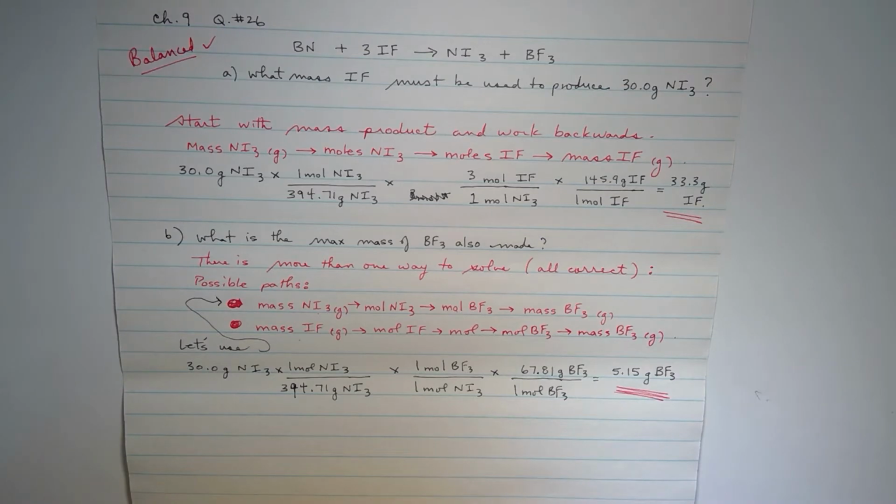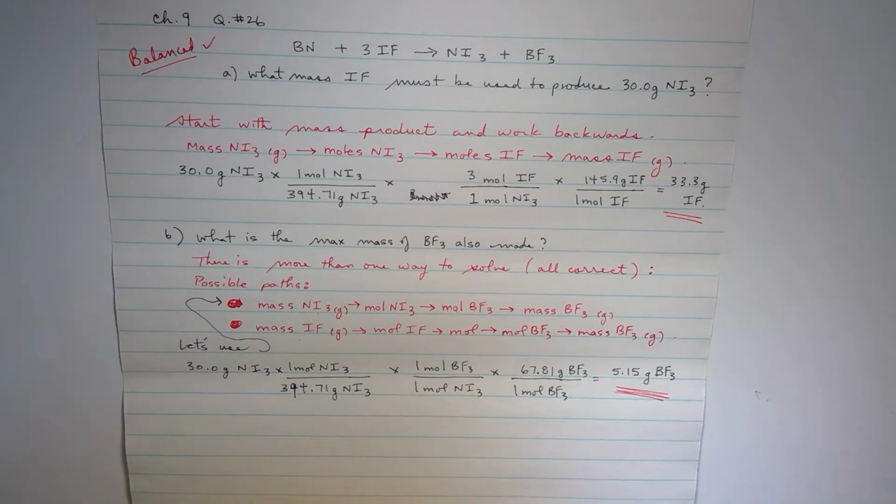And NI3 is the product. There's a B part as well, and they're asking you what the maximum mass of byproduct, BF3, is also made. And it's called a byproduct because it's the one that, according to them, you're less interested in.